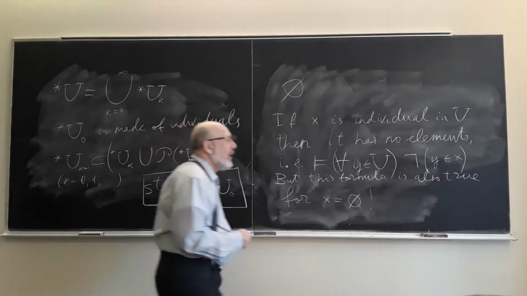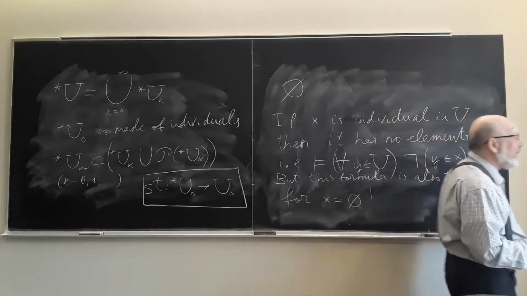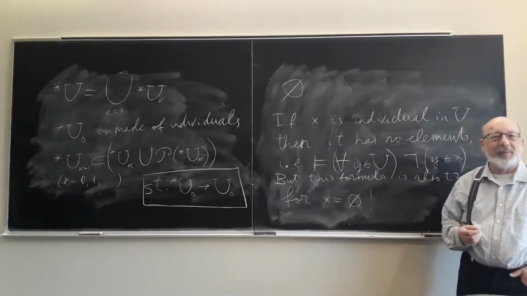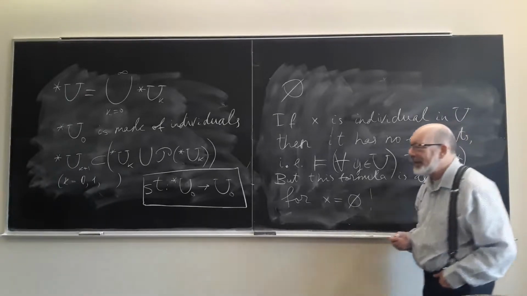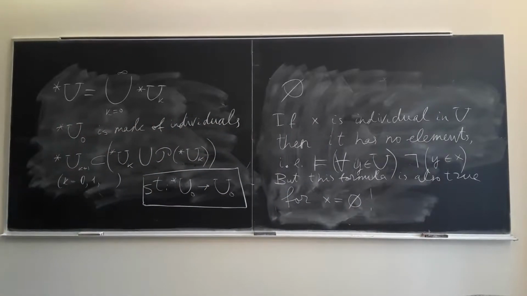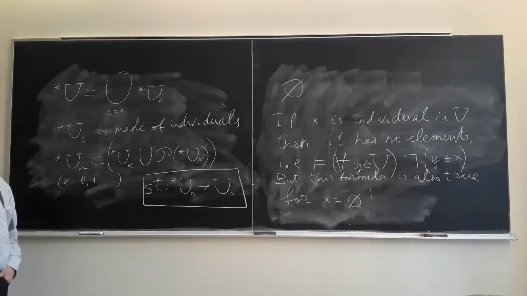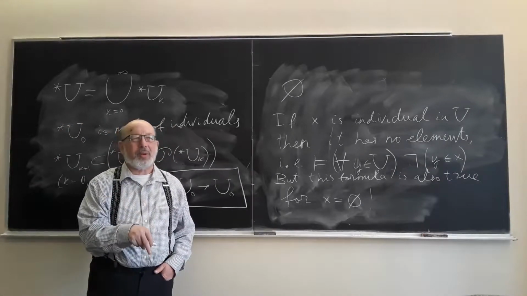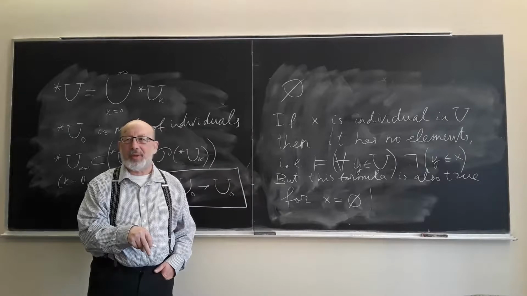This empty set has a double nature. On one hand, it is a set. In this sense, it is a subset of any set, and as such it is an element, present at every level of this hierarchy of sets Ui, Uk. On the other hand, it is an individual, so it is also present on the zeroth level.